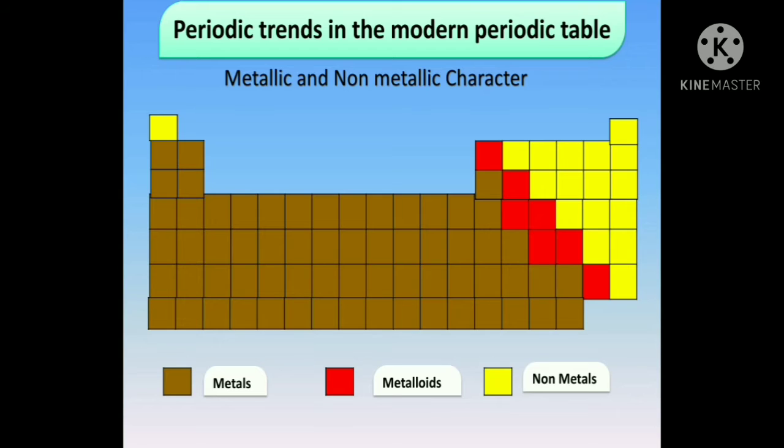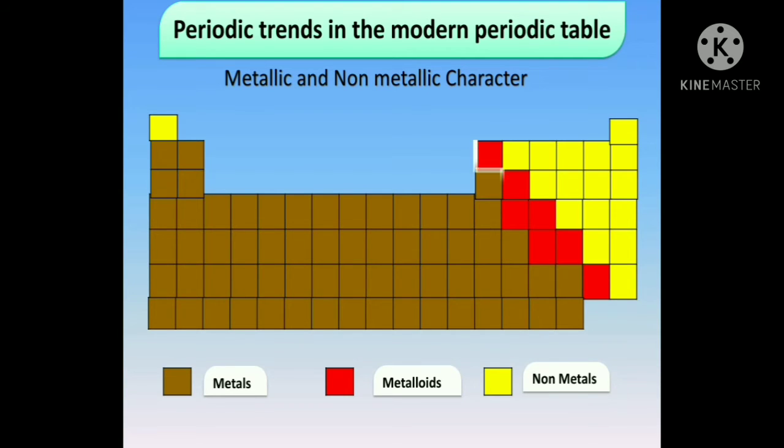For example, sodium, magnesium, and non-metallic elements like sulfur, chlorine, oxygen are towards the right. The metalloid element like silicon lies in between these two types. So metalloids lie between metals and non-metals as they show characters of both metals and non-metals.